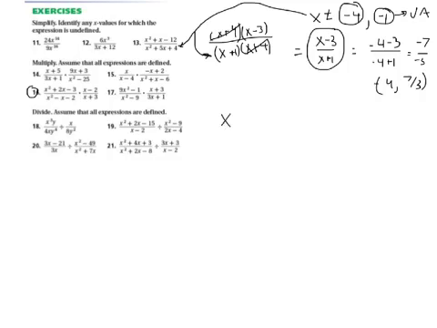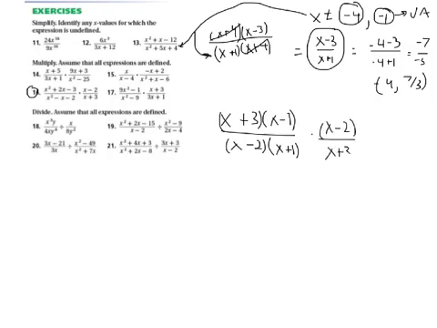So I get x plus 3, x minus 1, over x minus 2, x plus 1, times x minus 2 over x plus 3.